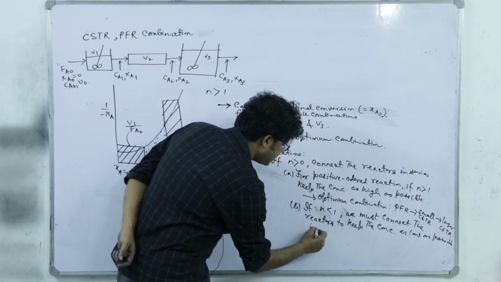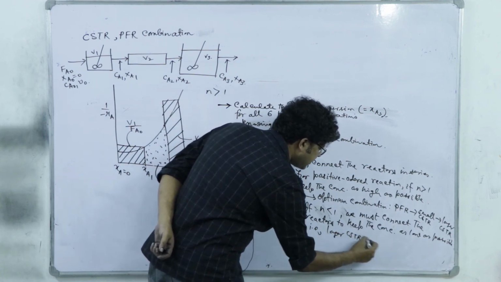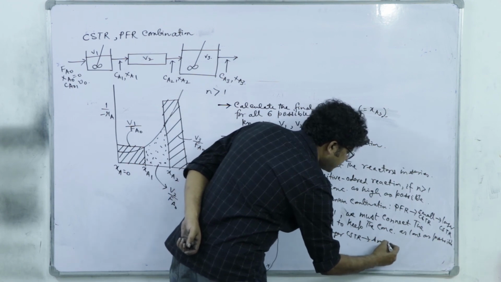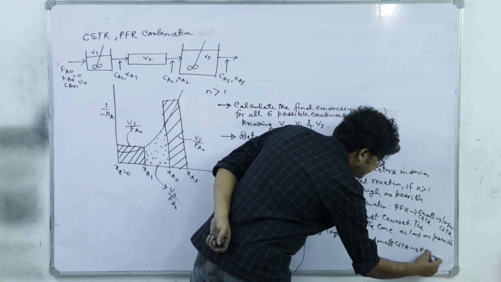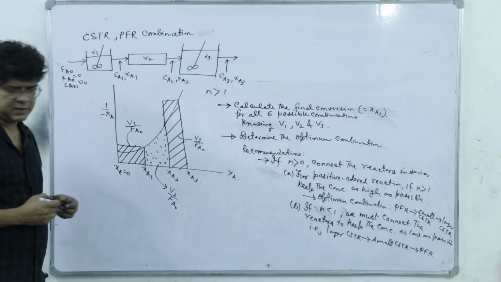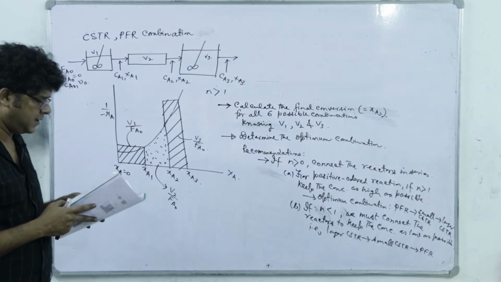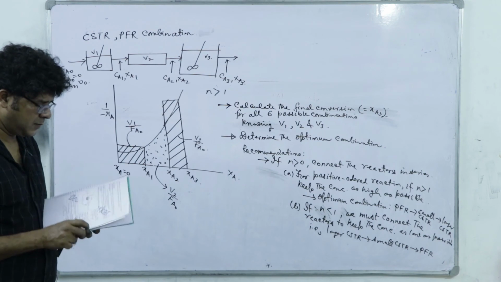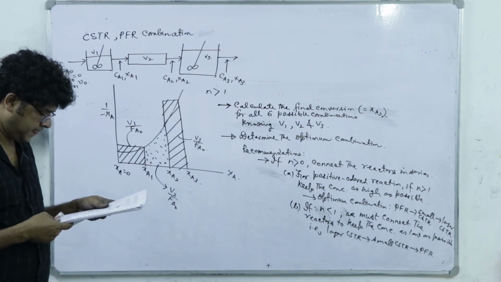That is, larger Cstr, then small Cstr, then Pfr. That's the final recommendation. You must remember this because it's not possible to solve for all the different possible combinations. So you must remember the final recommendation.